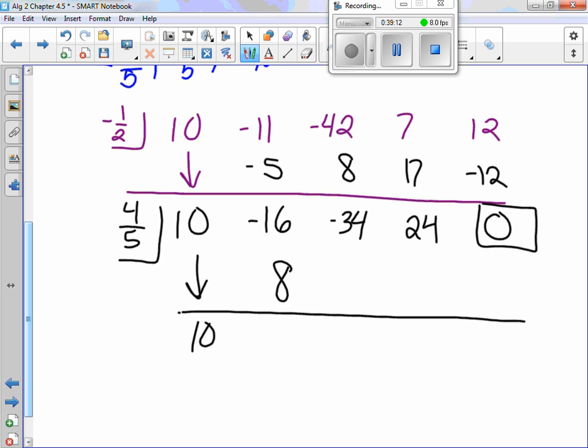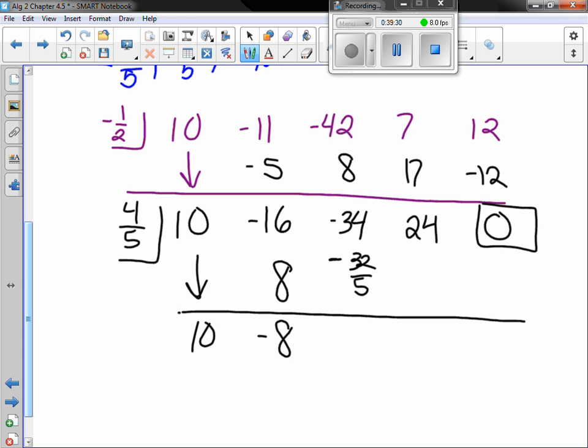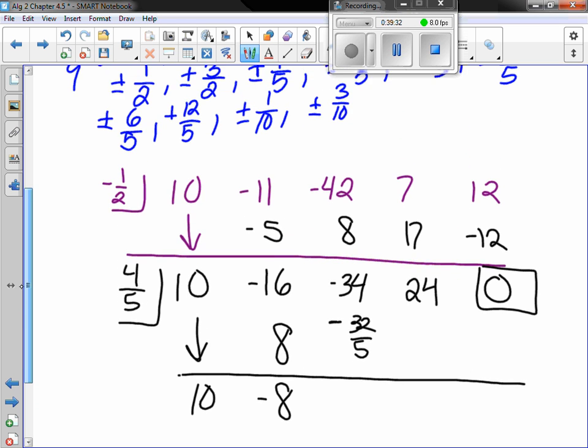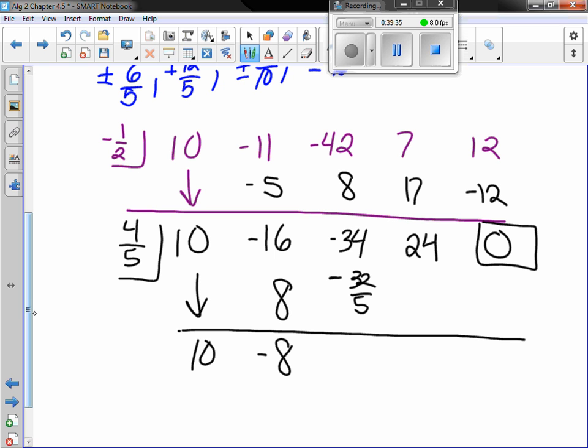Negative 16 plus 8 is negative 8. 4/5 times negative 8 would be negative 32/5 because it doesn't simplify. And I have a feeling if we keep going, it's not going to get any better. So I say 4/5 is not the correct one.